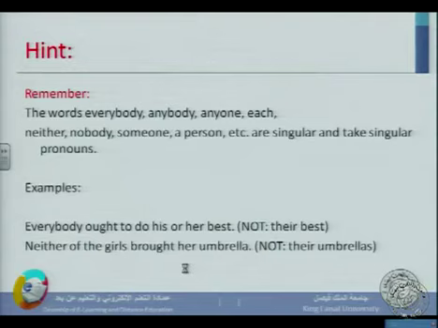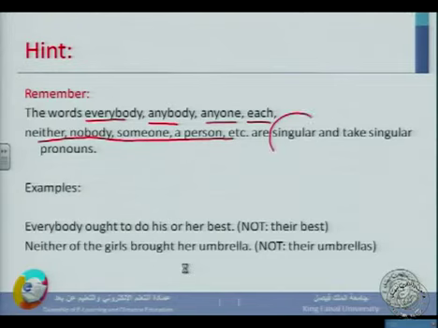I want also to remember that the words like everybody, في عندنا كلمات مثل everybody, anybody, anyone, each, neither, nobody, someone, a person. هذه كلها تعامل معاملة المفرد singular. فلذلك الضمير اللي لازم يرجع لها should be also singular.